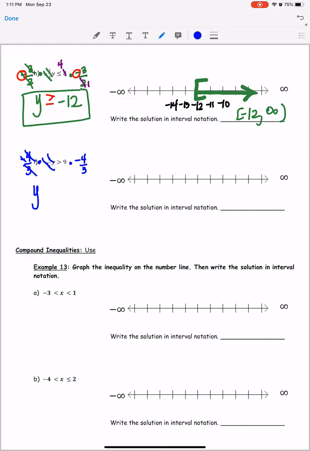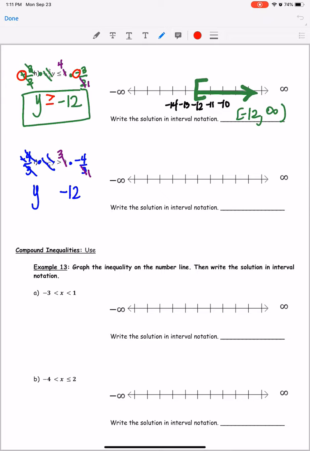So I'm left with y. Over here, cross reduce. You can reduce them both by 3. So 9 divided by 3 is 3. 3 divided by 3 is 1. So 3 times negative 4 is negative 12. Didn't mean to make that happen, but that's okay.